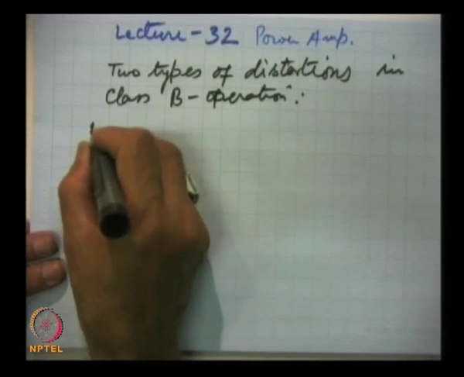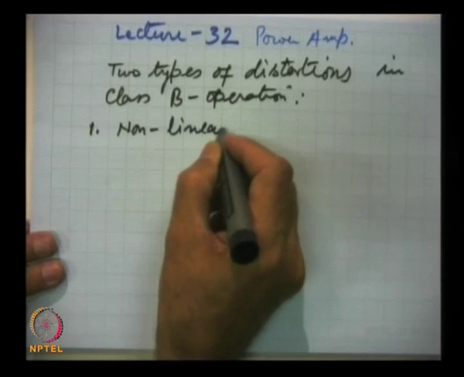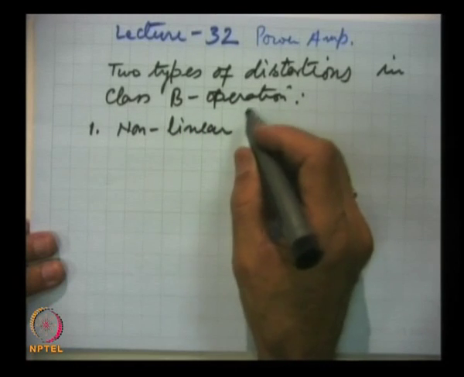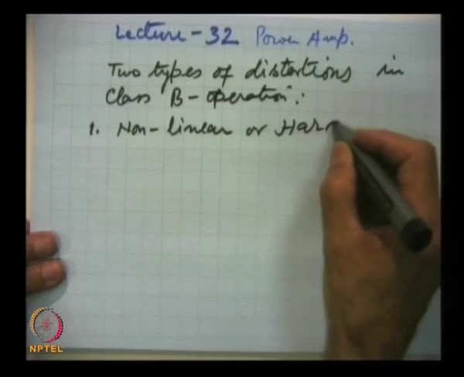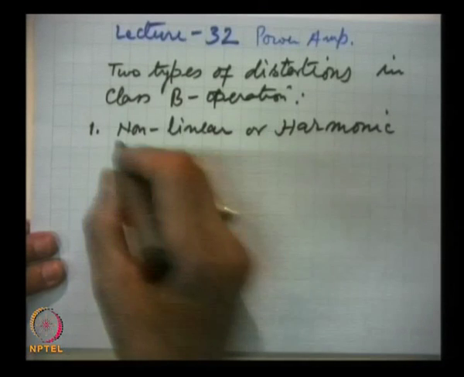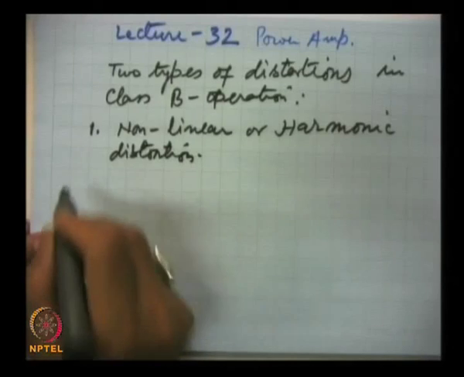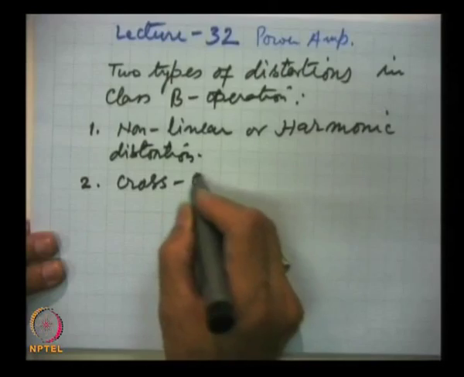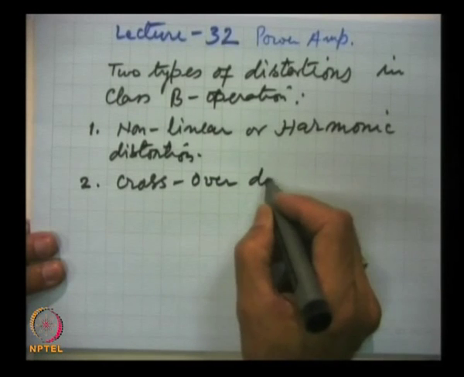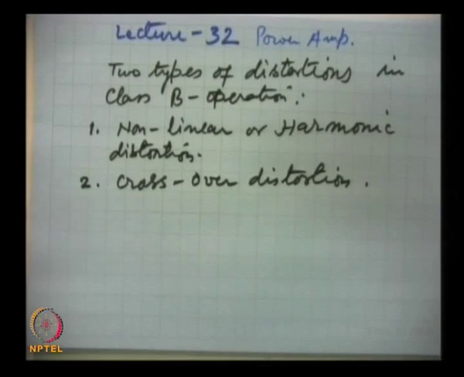One was the nonlinear, which is also called harmonic distortion, and the other one is crossover distortion. Distortion implies these two kinds.